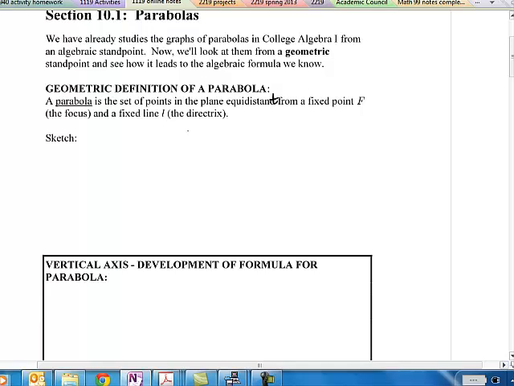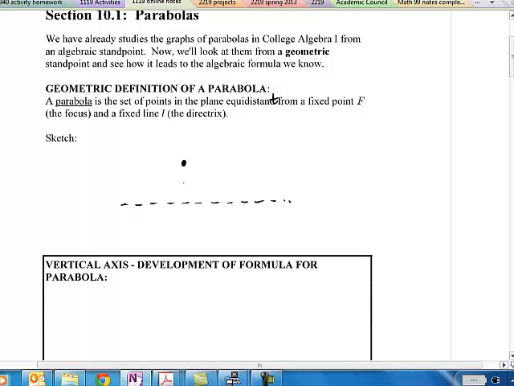So the sketch would be, we've got some fixed point, some fixed line, and we take the set of all points whose distance is the same from the point as it is from the line.